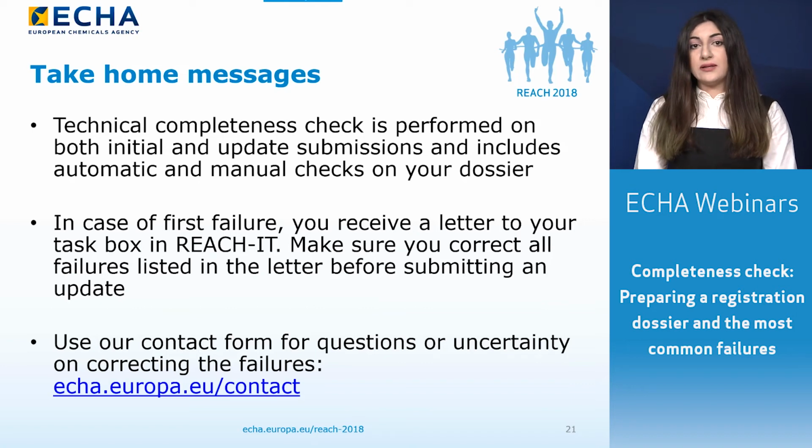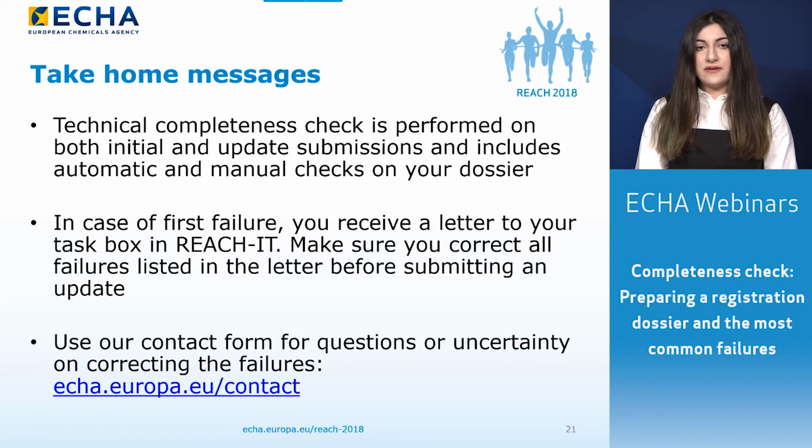And to conclude the technical completeness check presentation, we would like to indicate a number of take-home messages. First, technical completeness check is performed on both initial and update dossiers, and includes automatic and manual checks on your dossier.